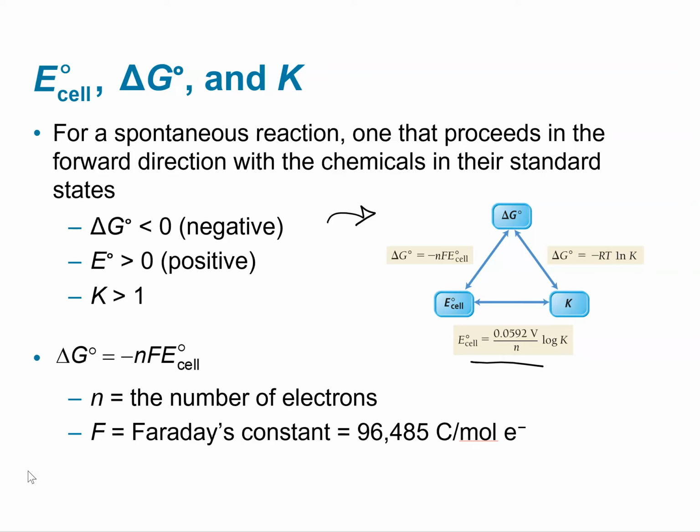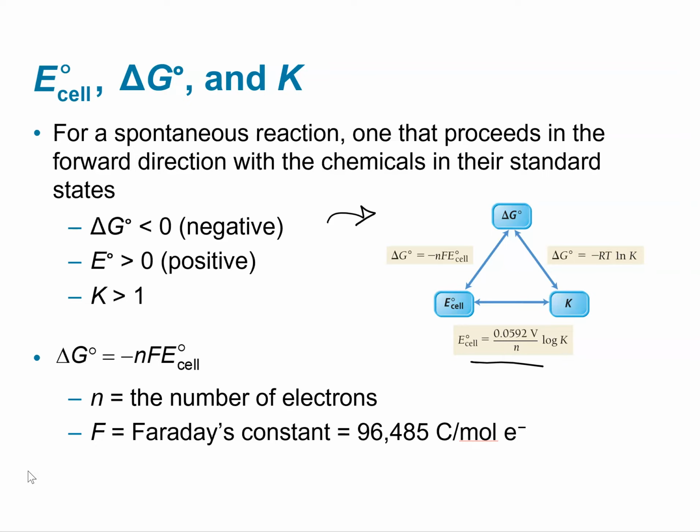Most of the time, I'll admit, I go from the standard cell potential to delta G to K, because I just don't have the other one committed to memory. That takes a little bit longer, but it's not really laborious. Whichever approach you take is reasonable. If you want to memorize all three and practice all three, that's perfectly reasonable, and it's probably a little bit faster than the one I utilize.